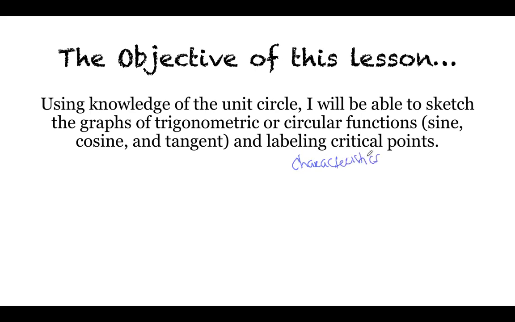If you're uneasy about some of those characteristics, I'm looking at the domain, range, min, max, increasing, decreasing, and intercepts. If you were thrown off by concavity and point of inflection and symmetry, don't worry about it. But if you do want to take it a step further, I encourage you to look up even and odd functions.